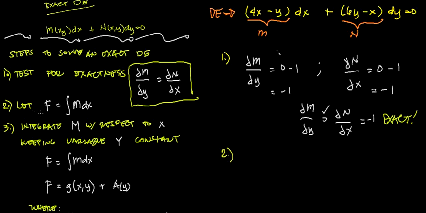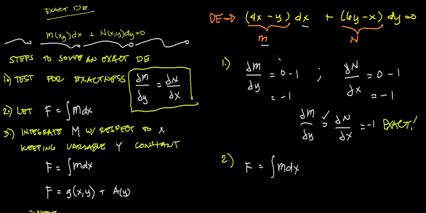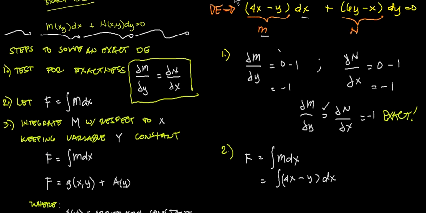Step 2: let f be equal to the integral of M dx. So we have f equal to the integral of our M dx, where M is 4x minus y, then dx. Let's integrate this part.